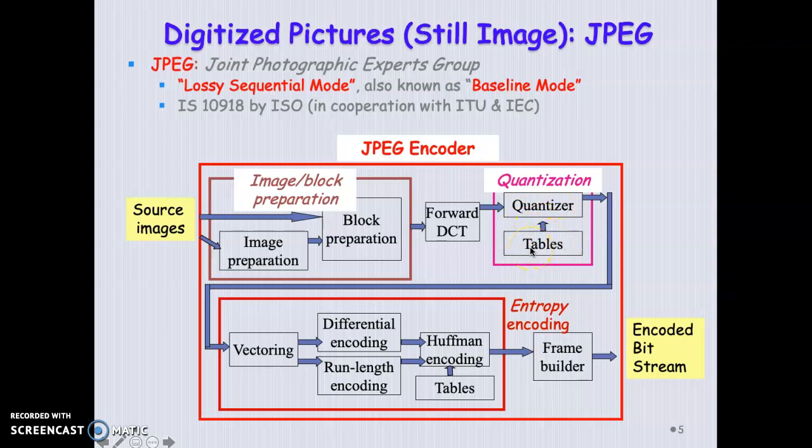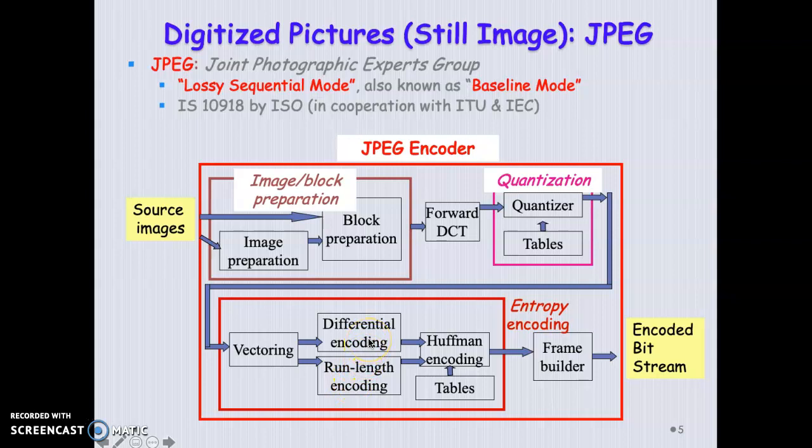Okay, so once you finish quantization, you will do the vectoring. Vectoring means you will transform the 2D into 1D. With this vectoring, you will separate it into two: one is the differential encoding and the second one is RLE.